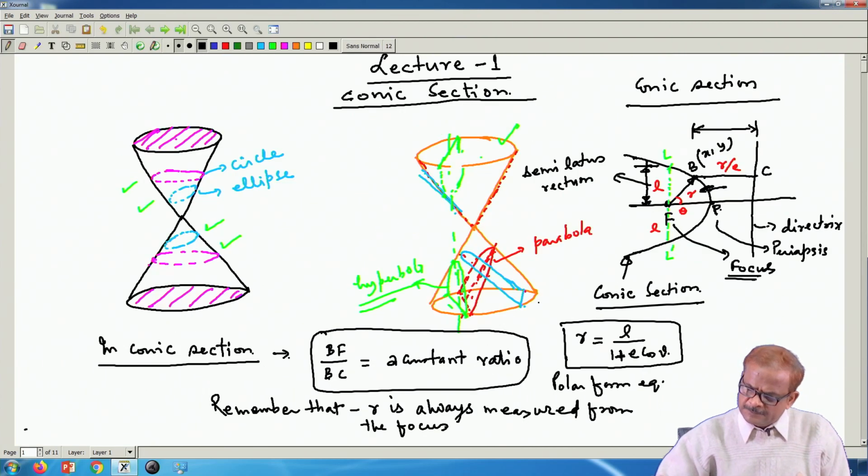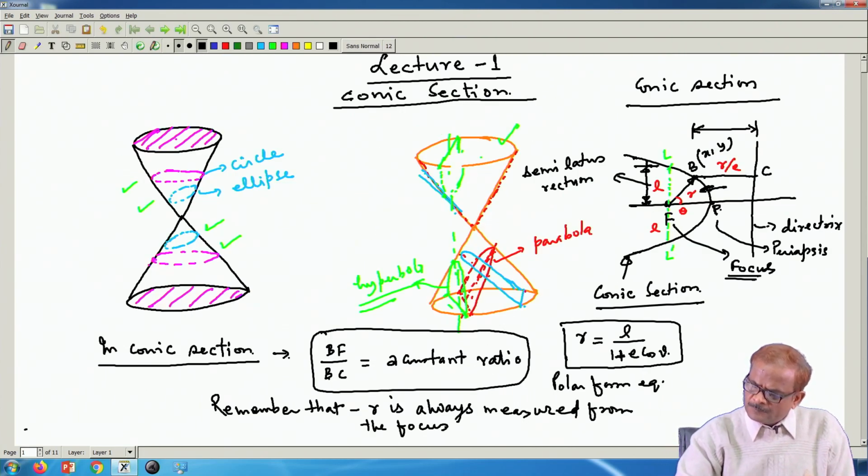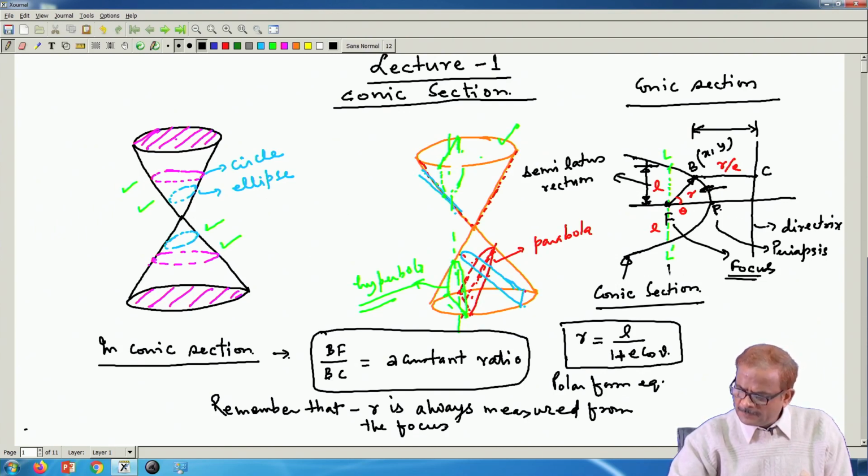Now, look here in this figure, the total distance from this place F to C, I am not talking about this inclined distance, I am talking about this distance.